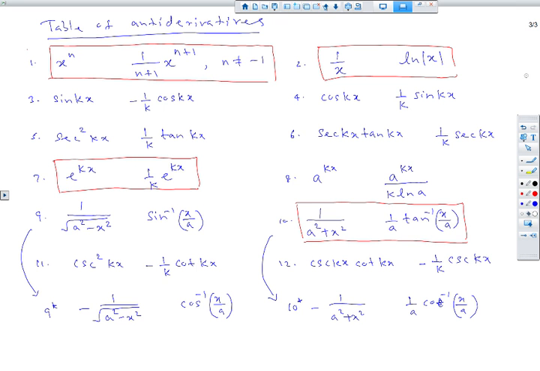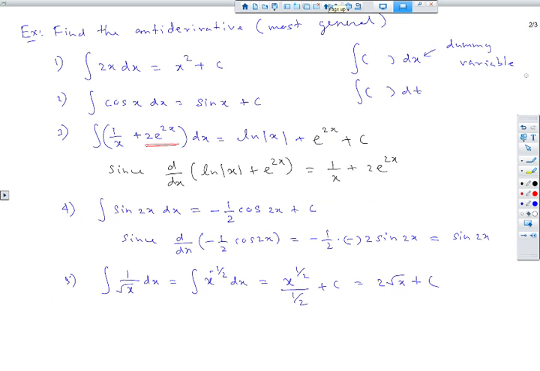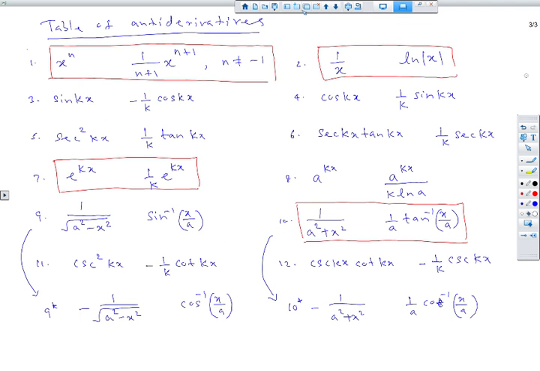So let's do a few more. Number 6, integral of cosine x over 2 dx. Now you can see k is 1/2.